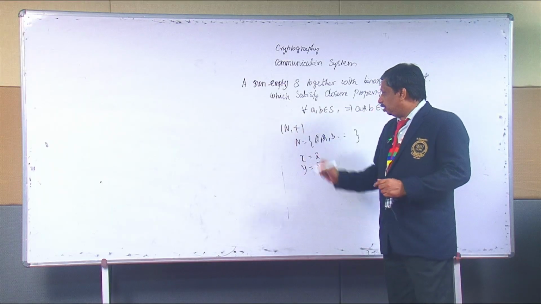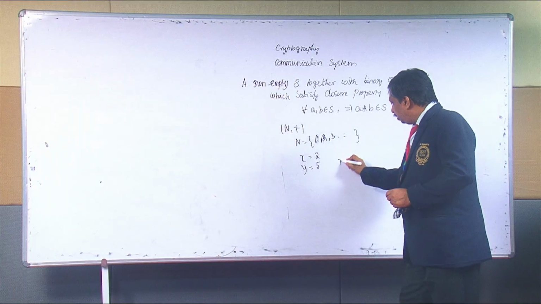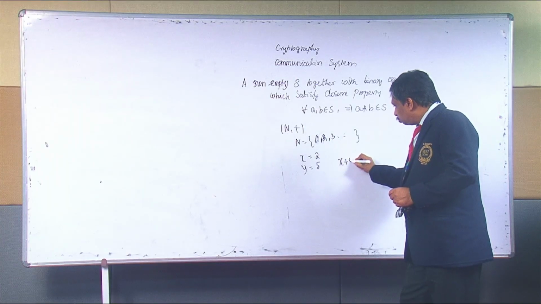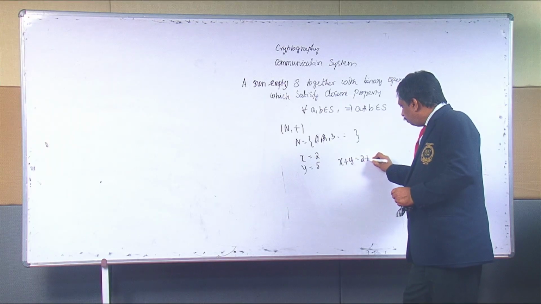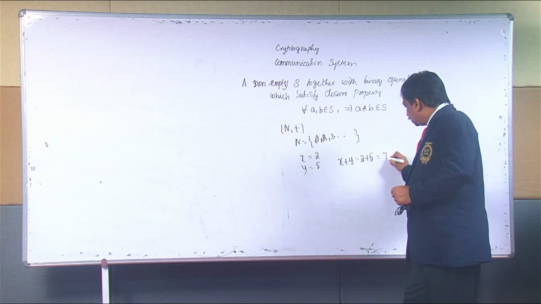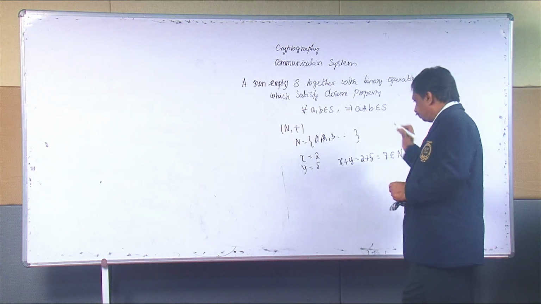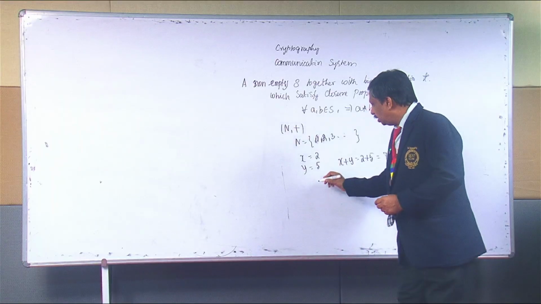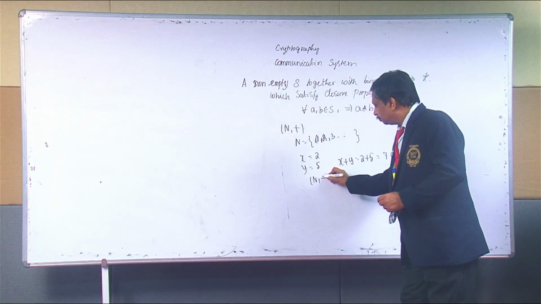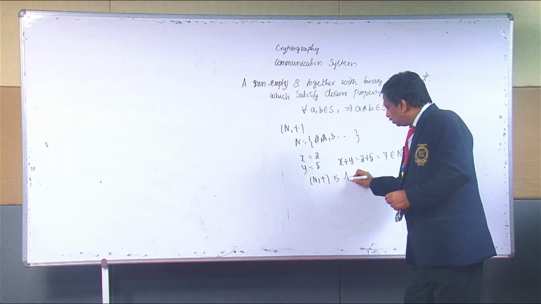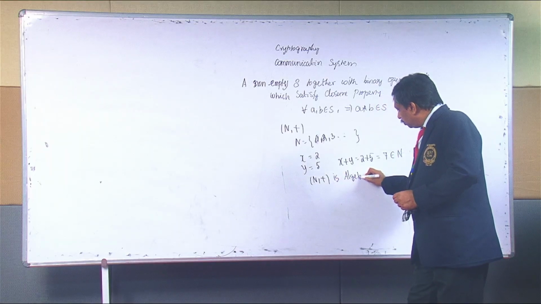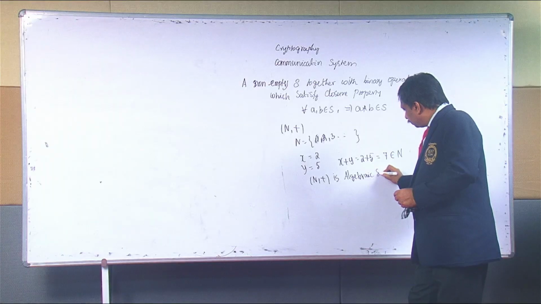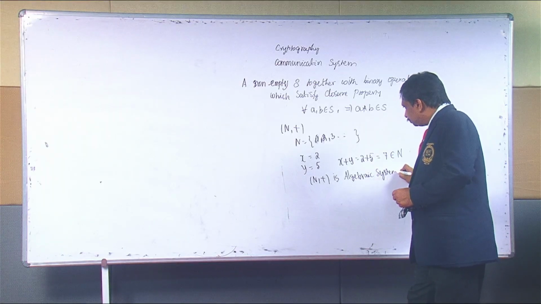The binary operation is plus, so x plus y equals 2 plus 5, which is equal to 7, which belongs to N. So we can say that N comma plus is an algebraic system because it satisfies our condition, the closure property.